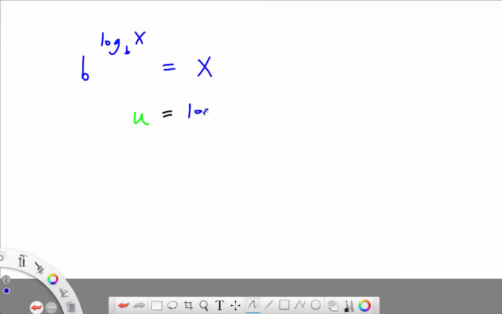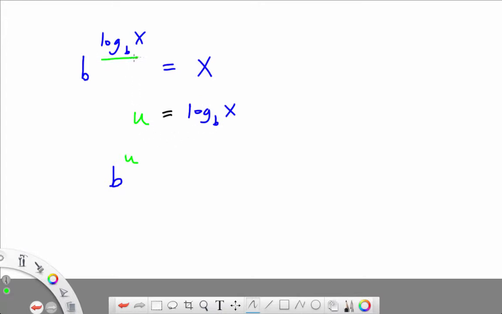Log base b of x, and then coming back to our top equation, b to the, now I can write a u in here, since u equals log base b of x.